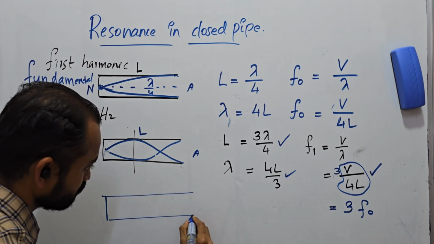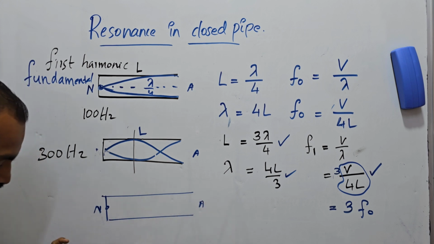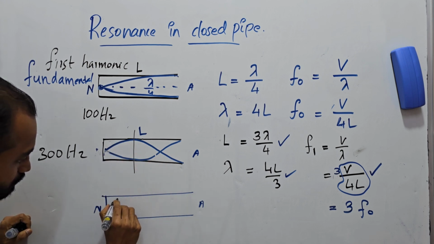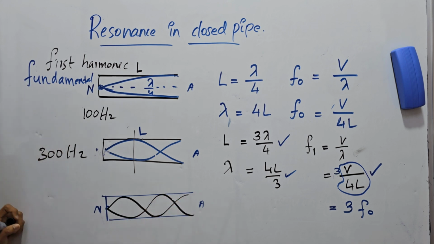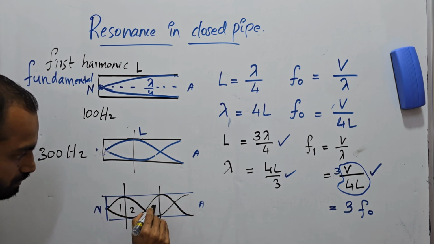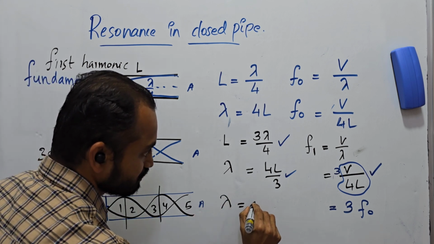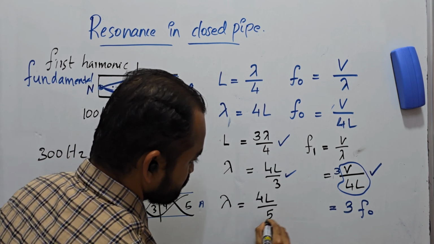Okay, same pipe I will draw. The next will be 5. Here must be node, here must be antinode. So when I draw the next one, it will be like this. How many quarters here? 1, 2, 3, 4, 5, right? So here lambda is equal to how much? 4L by 5, right?